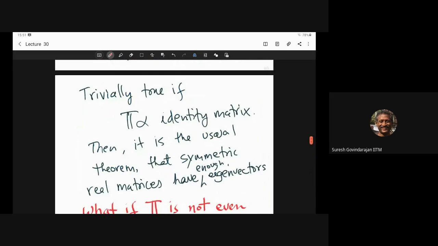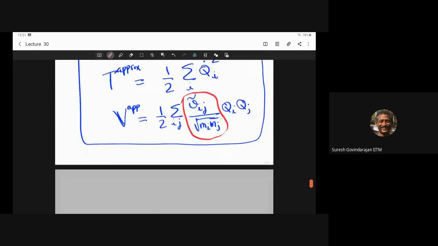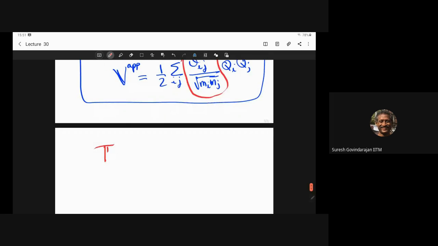Think of this remark: if T was proportional to the identity matrix or equal to the identity matrix, then the theorem is proved. So now what we have is T double prime is just the identity matrix, and V double prime is just V tilde ij divided by square root of mi mj. It's symmetric.